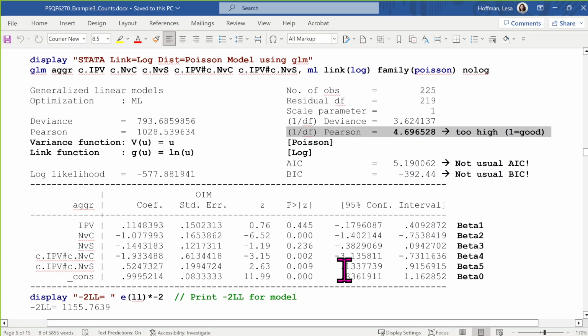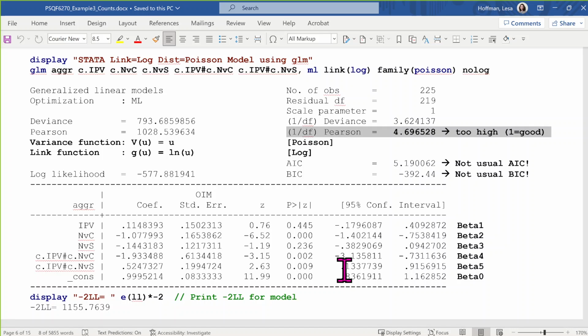This is what's known as your Pearson chi-square over degrees of freedom index of distribution fit. We talked about this a little bit last time in some of the slides. The idea is that this is formed as a ratio. It is the average squared deviation from the mean for each individual divided by the variance that is supposed to be there according to the model.